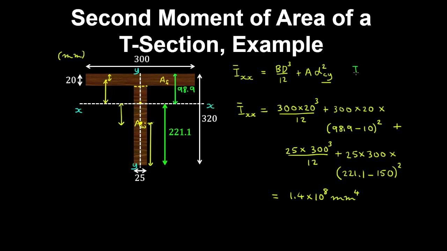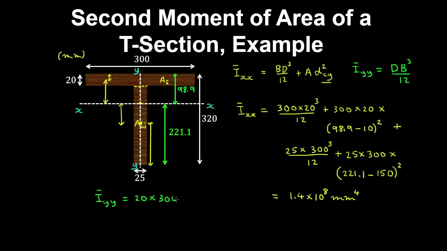Now to calculate the second moment of area about the y-axis of the centroid, well, that's simply equal to the depth by the width cubed of each section on 12. So what we have is I bar is equal to the width, which is the parallel dimension, multiplied by the perpendicular dimension to the y-axis cubed.